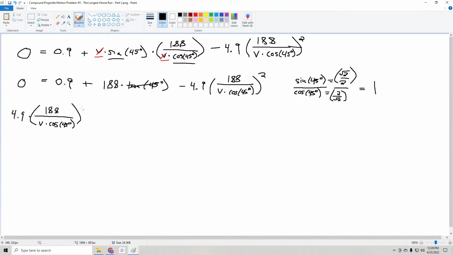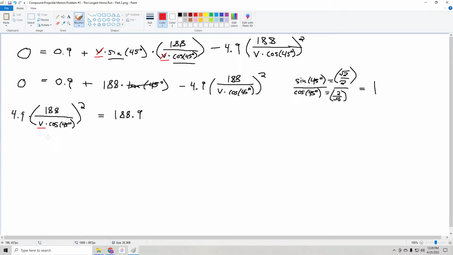This quantity is squared, and that's equal to what? 188.9. Our whole goal is to isolate v.